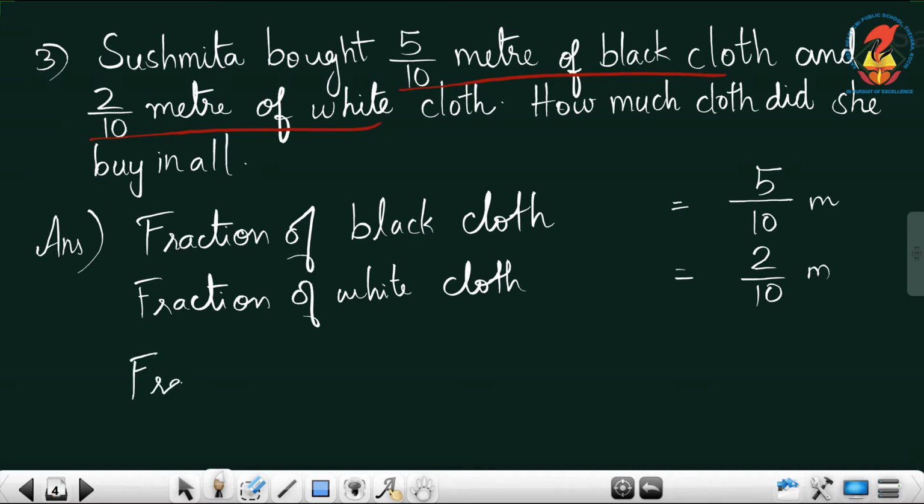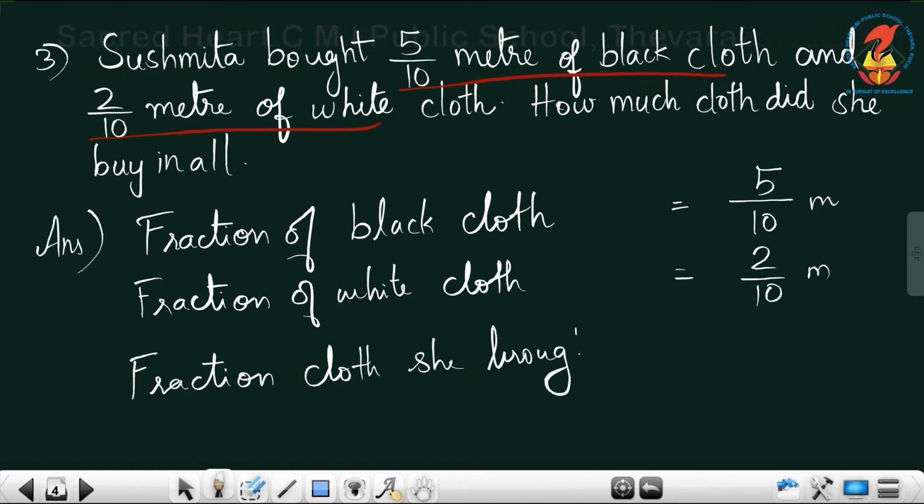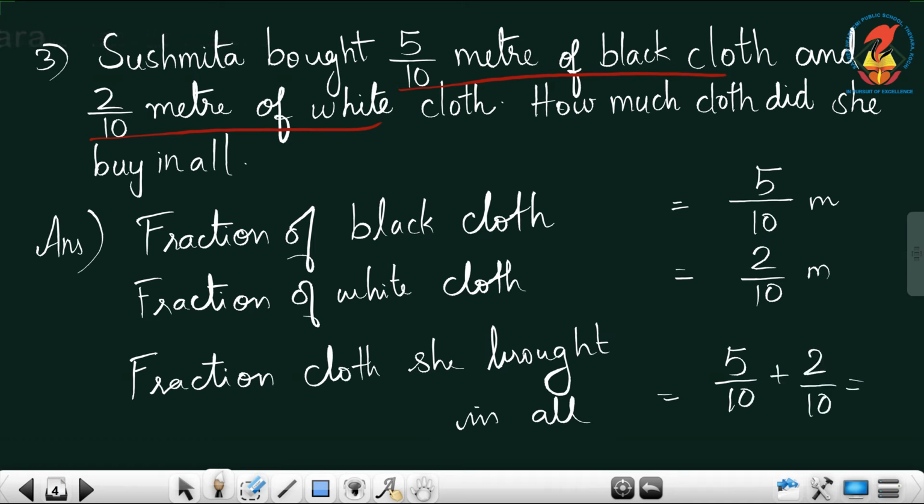So fraction of cloth she bought in all. It's 5 by 10 plus 2 by 10. You need to add the numerator part. 5 plus 2, it's 7 by 10 meters. 7 by 10 meters of cloth she has bought in all.